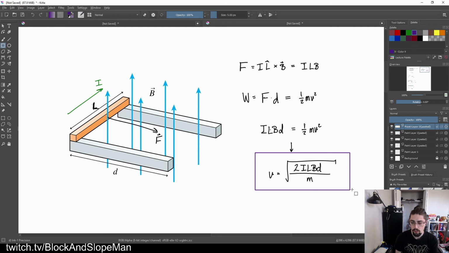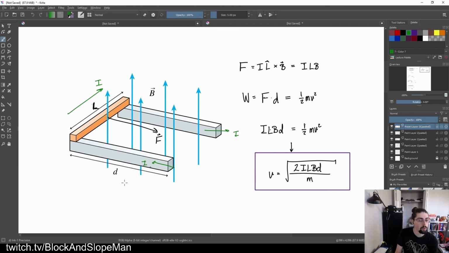The rails, so in a case like this, I haven't really quite specified how we're getting current through the orange wire. In a real railgun, you would use the rails to carry the current. So they would want to push each other apart because you would want to have current coming in like this and going out like this.